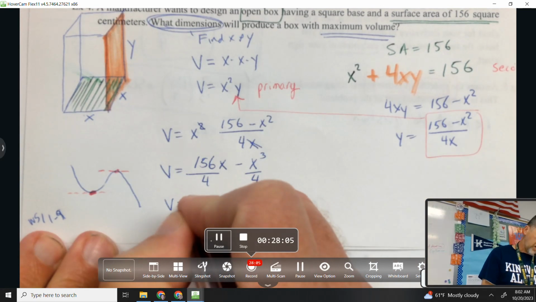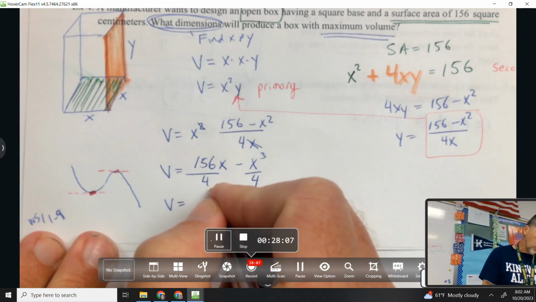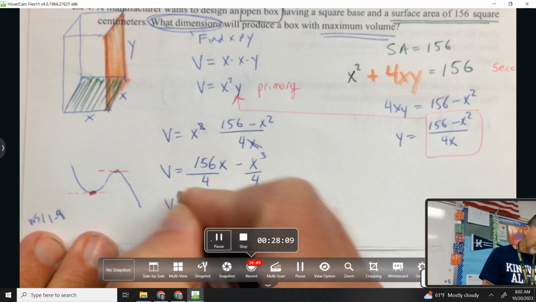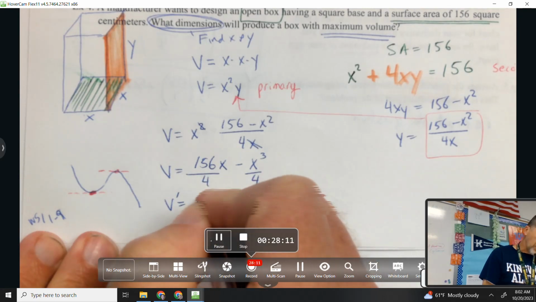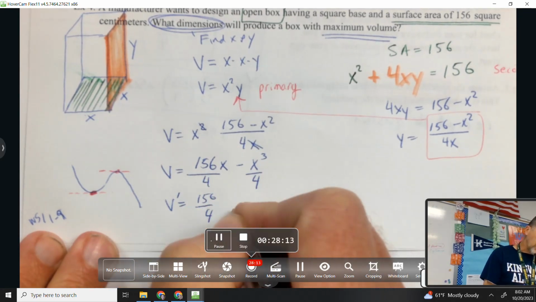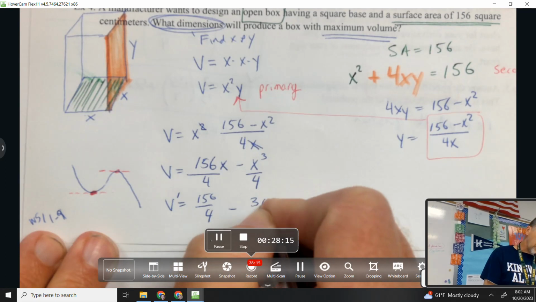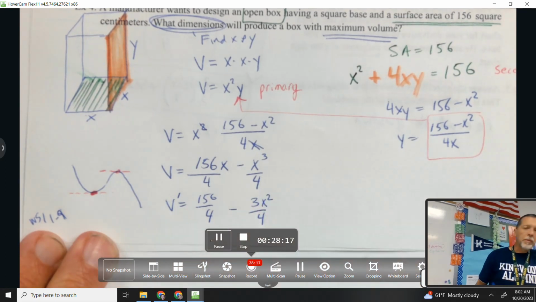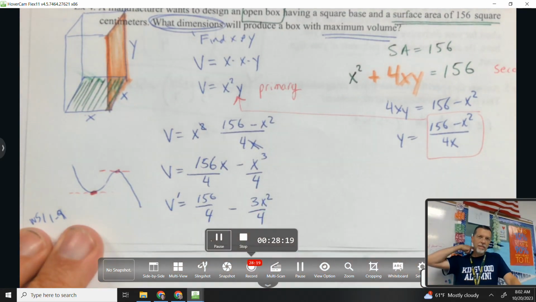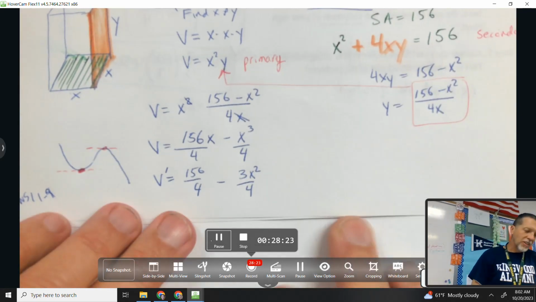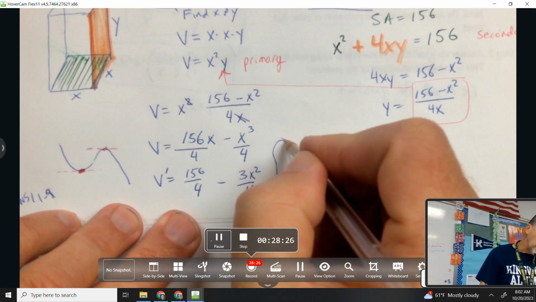Let's see. 156 over 4. Well, let's just leave it alone. Take a derivative. 156 over 4 minus 3x squared over 4. So I'm just leaving the over 4s because when I set it equal to 0, I can wipe them out anyway.